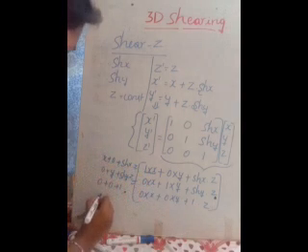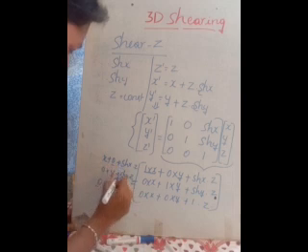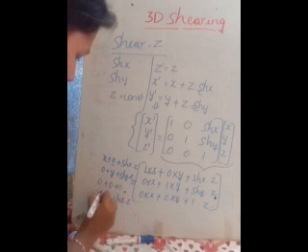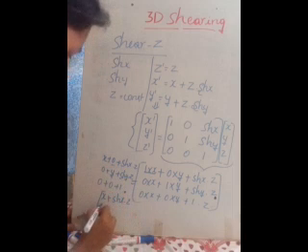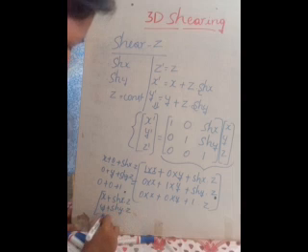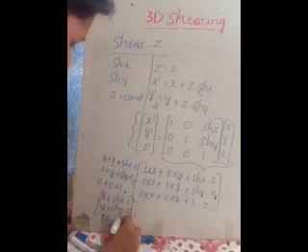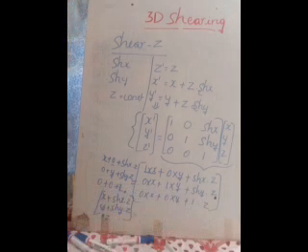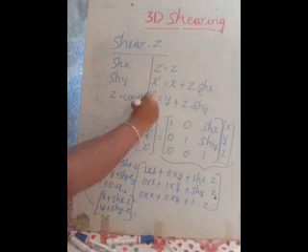So what is the output? X, the 0 is neglected, plus SHX dot z. Y plus SHY dot z. 0 plus 1, so z dash is nothing but z. Finally we will get z. This is what we have got from this matrix.